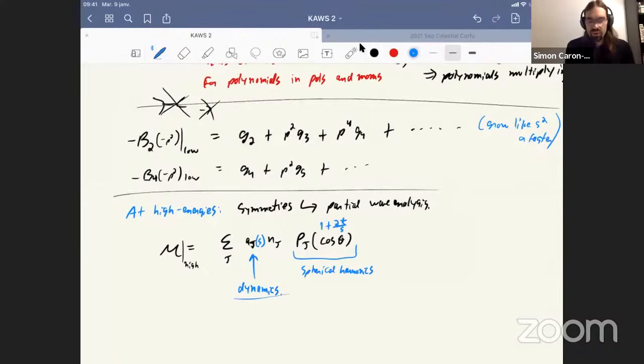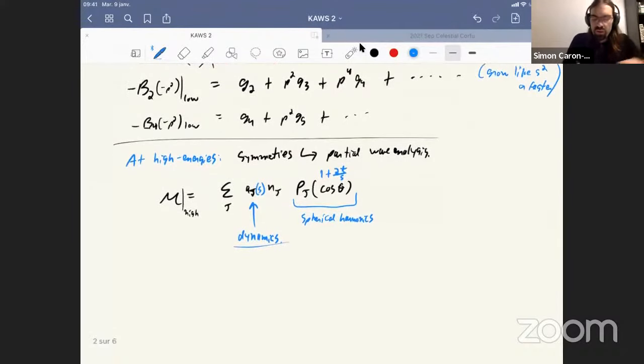So the question is, what do we know about these coefficients? When we normalize them properly, remember that the S matrix is 1 plus iM.